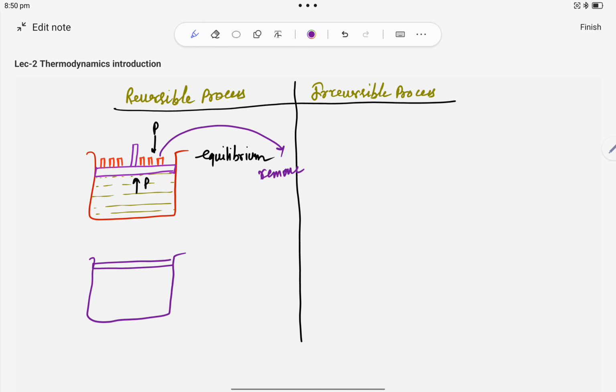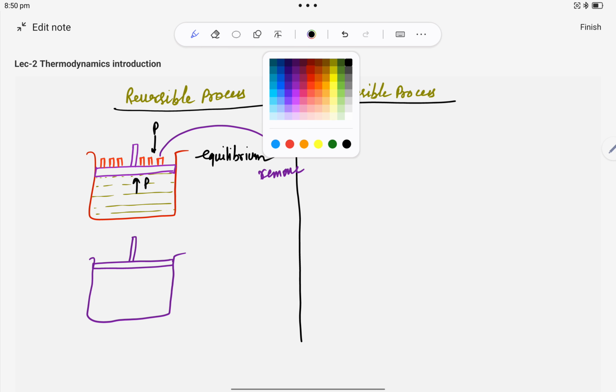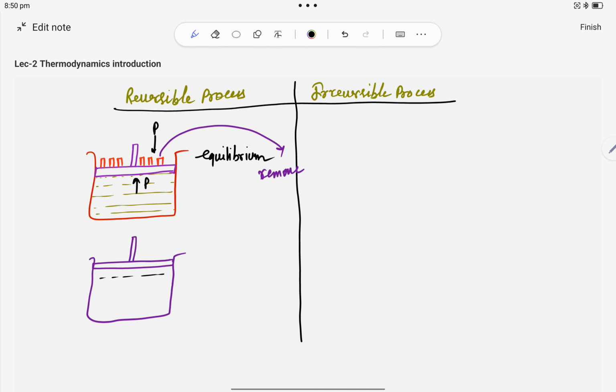But that expansion is very little, because that weight is very small. So a small expansion is there. So here pressure will be reduced. Suppose pressure is reduced by dP, a small pressure, and now the pressure is P minus dP.